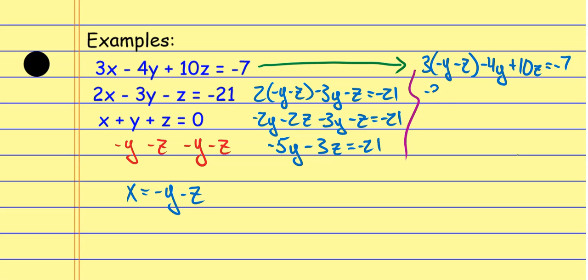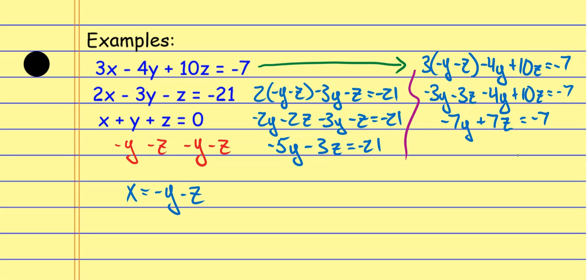I'm gonna distribute. Combine like terms. Oh boy, that's a lot of 7s. And once again, at first glance, you might say, well, this didn't help, Mr. Jansen. All right, I still have variables, but the point is I have fewer variables.